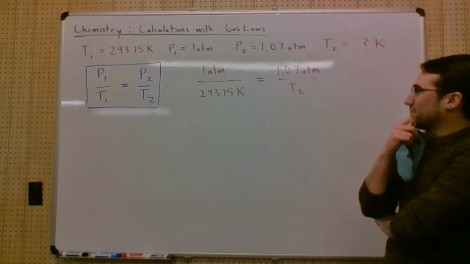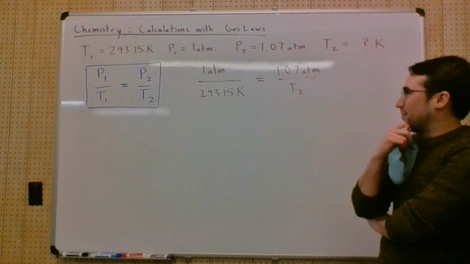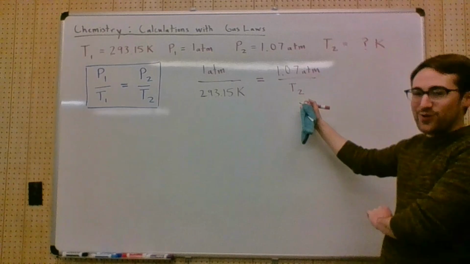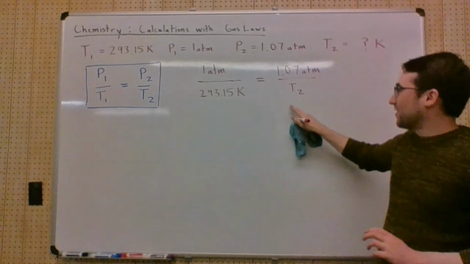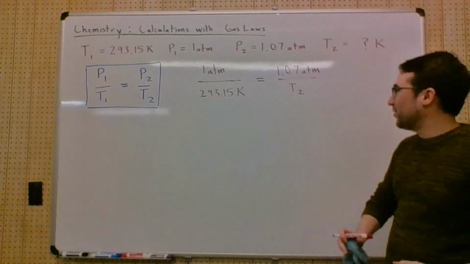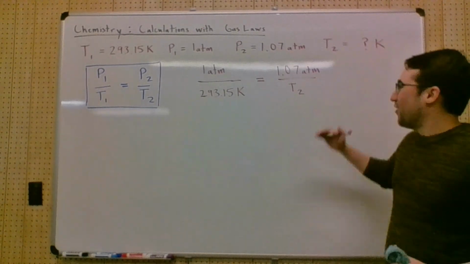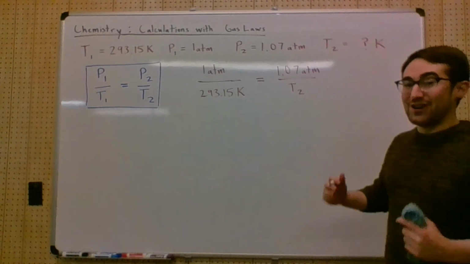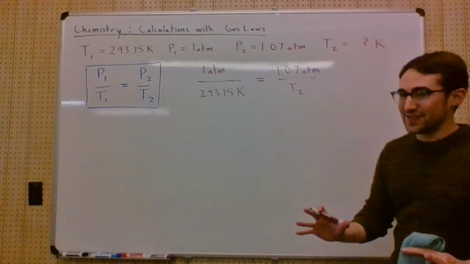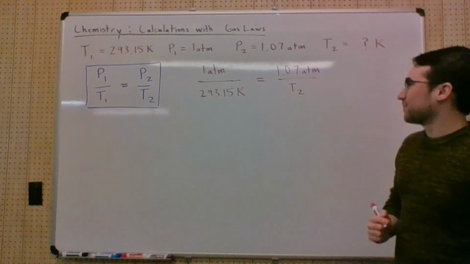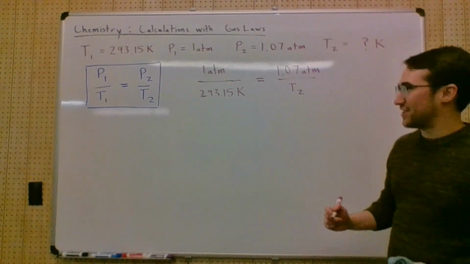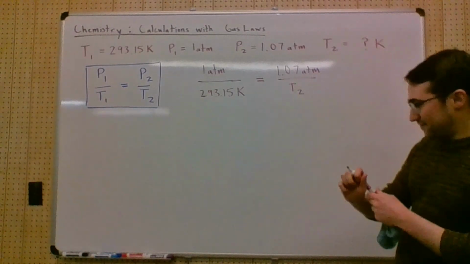Okay. Well, I don't want to end up with this T2 being on bottom. I want to get it out of the denominator as fast as possible because I don't want to know what 1 over T2 equals. I want to know what T2 equals. And it's not the same thing. It's flipped upside down. So we're going to do some algebra first to get that fixed.